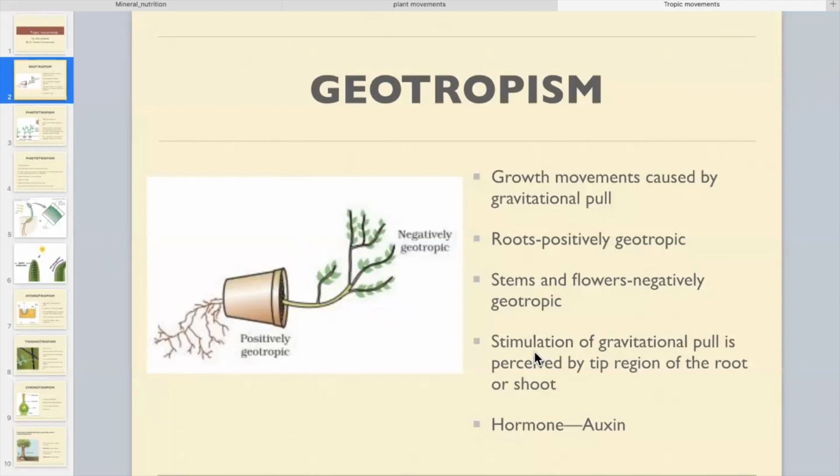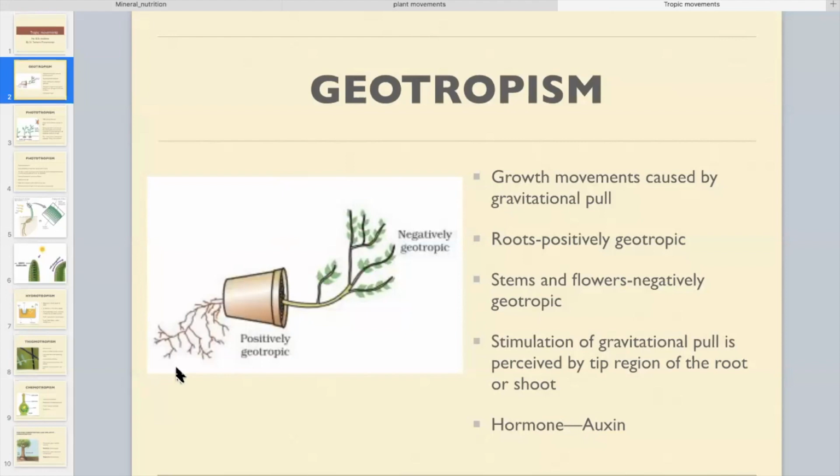So the stimulus here is gravitational pull. Who is perceiving this gravitational pull? The tip regions are perceiving. For example, shoot tips and root tips are perceiving. Perceiving means showing response. Geo means earth.